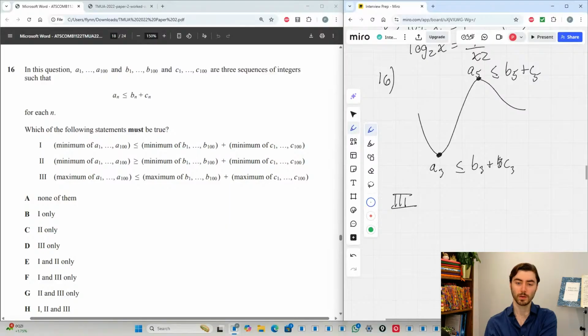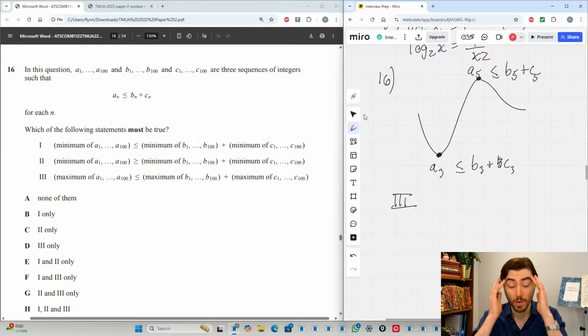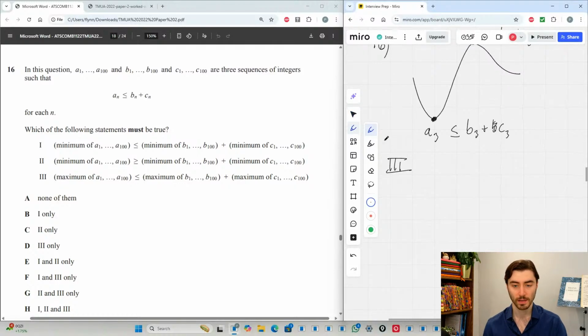So, okay, let's come up with an example. So let's say that, so the A's one.